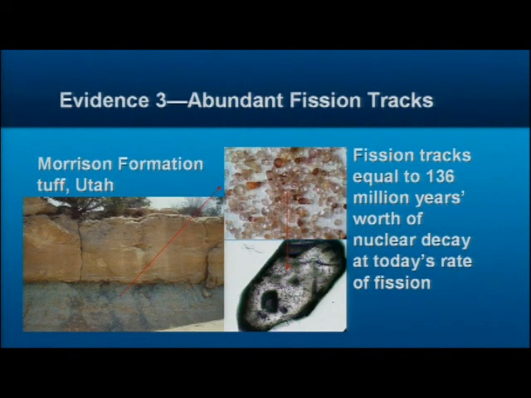Again, we find a volcanic ash bed, we extract the zircons, and we find there are fission tracks equal to 136 million years worth of nuclear decay at today's measured rate. Okay, I'm not saying there was 136 million years, I'm just saying if you use the assumption of today's measured rate and extrapolate back, that's the number you get.